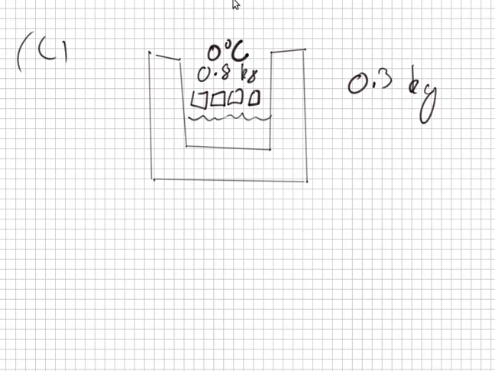Okay? Now, heat is supplied to the container at 750 watts. So 750 watts, that's 750 joules per second. So every second there's 750 joules going into this container. After 5 minutes, the temperature of the container and its contents is 25 Celsius.